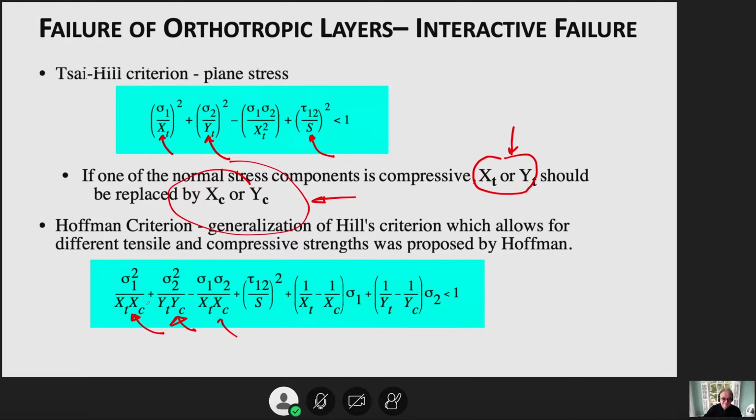This includes both XT and XC and YT and YC in there. So therefore, it can be used for any combination of stress values. And besides the quadratic terms, there are also linear terms in sigma 1 and sigma 2, which are the stresses along the fiber and perpendicular to fiber direction. Okay, so that's that.